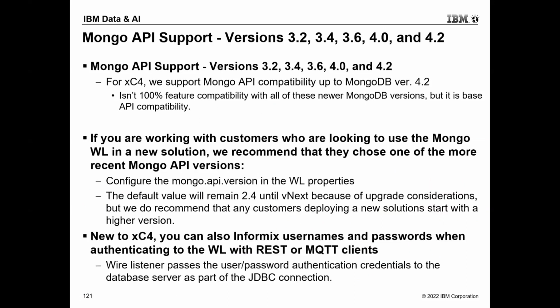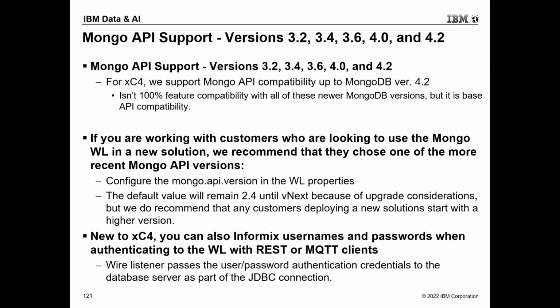If you're working with customers looking to use Mongo, Wire Listener, and a new solution, we recommend that they choose one of the more recent Mongo API versions and configure the mongo.api.version configuration parameter in the Wire Listener properties file. The default value will remain 2.2 until vNext because of upgrade considerations, but we do recommend that any customers deploying a new solution start with a higher version.